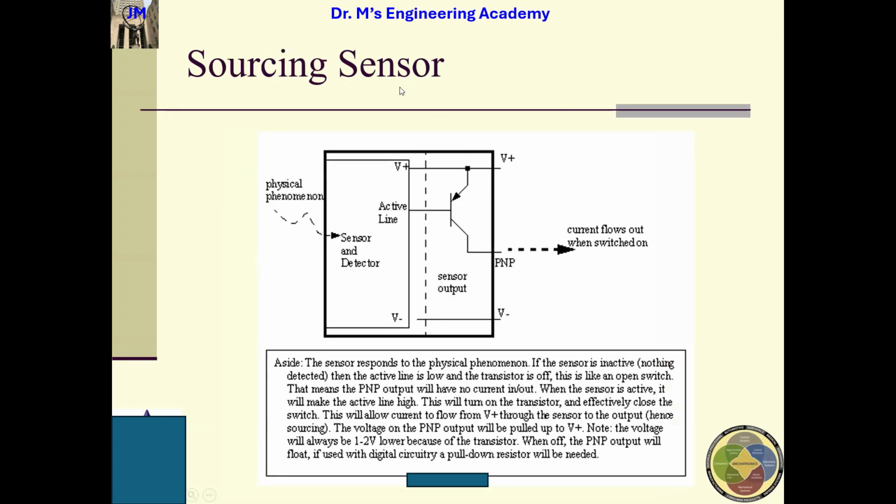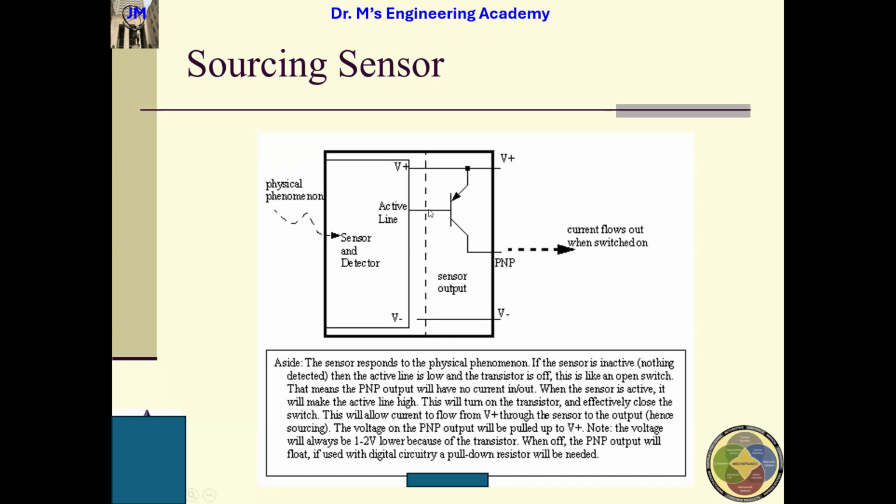The sourcing sensor you can hear about needs to use the PNP. So this is the PNP, this is the base. And how does the PNP work, guys?